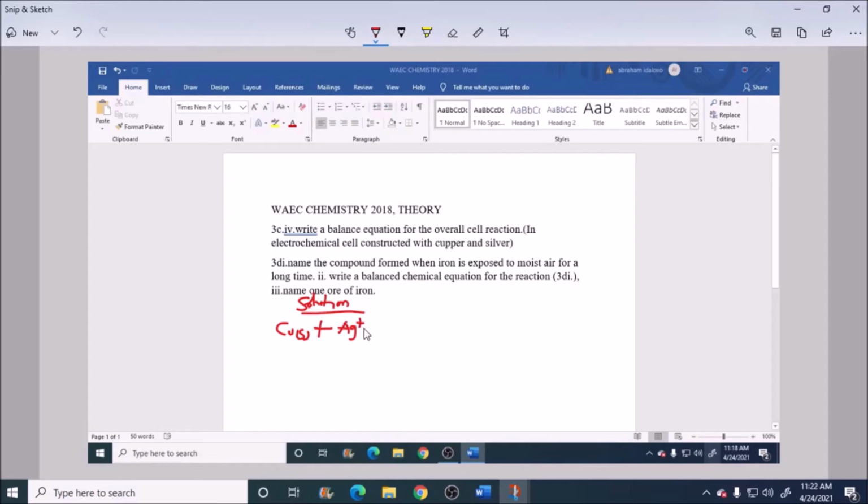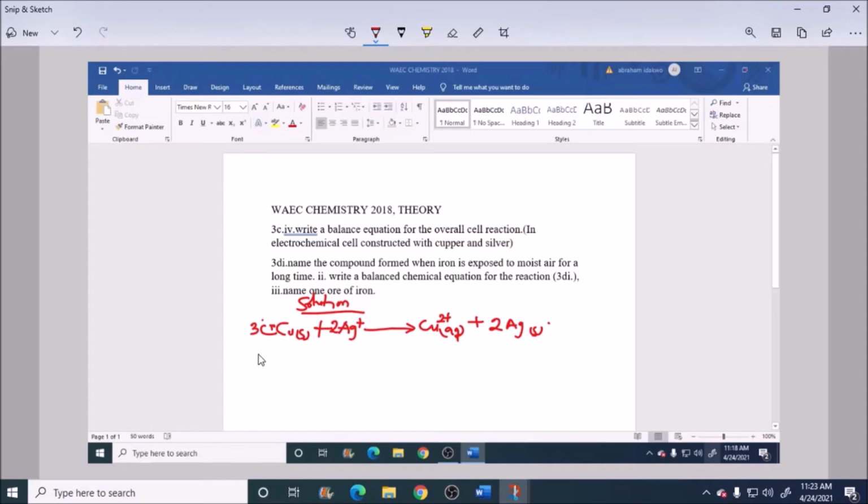We have 2 moles of silver used here to give the products: copper 2 plus in aqueous form, then with 2Ag in solid form. So this is the balanced chemical equation for the question asked in 3C Roman figure 4.